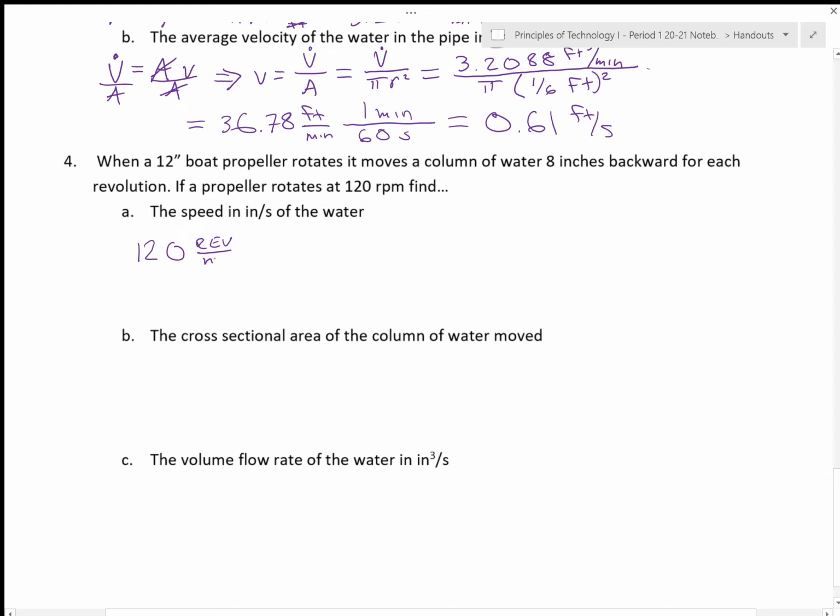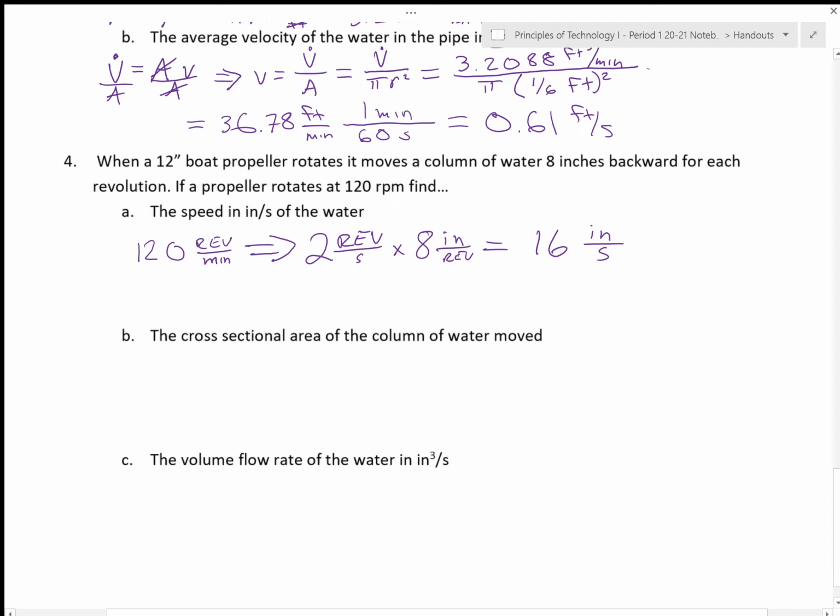So the fact that it's rotating at 120 revolutions per minute means that it is rotating at 2 revolutions per second. Each of those revolutions, it moves 8 inches of water. So if we multiply 2 revolutions per second by 8 inches per revolution, we get a speed of 16 inches per second.